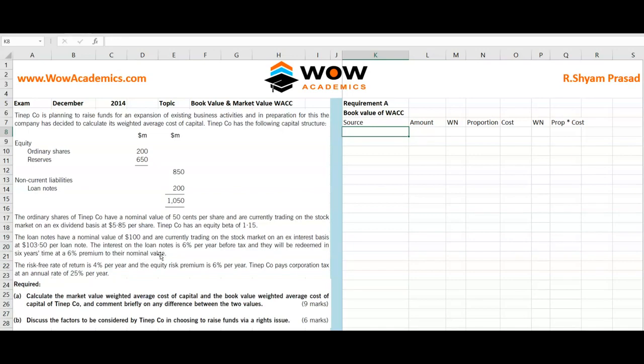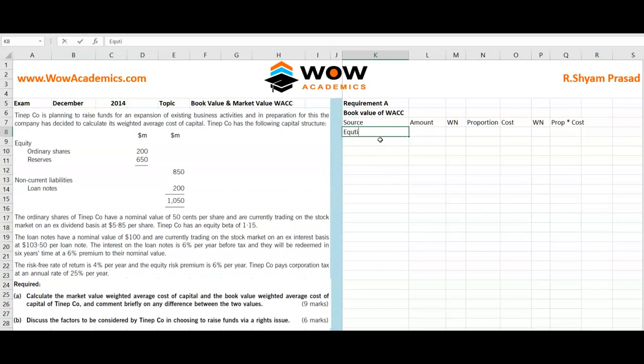The interest on the loan notes is 6% before tax, and they will be redeemed in 6 years' time at a 6% premium to their nominal value. So it is a redeemable bond. The risk-free rate of return is 4%, and the equity risk premium is 6%. TCO pays corporation tax at an annual rate of 25%. So that's the information here.